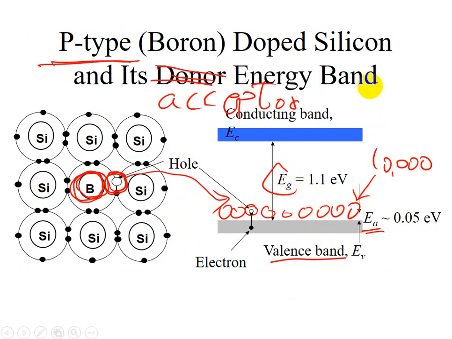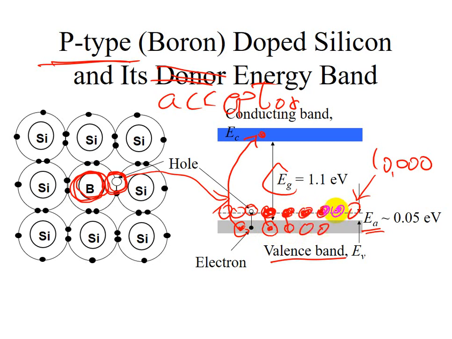And then when you apply external energy, electrons, other than jumping from the valence band to conducting band to form electron hole pairs, jump from valence band to the acceptor level, leaving behind a hole. Similar process.